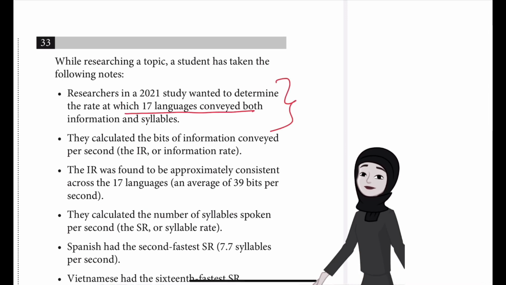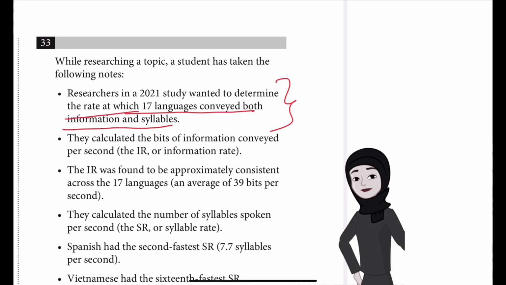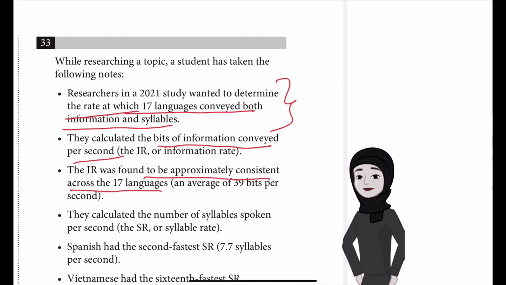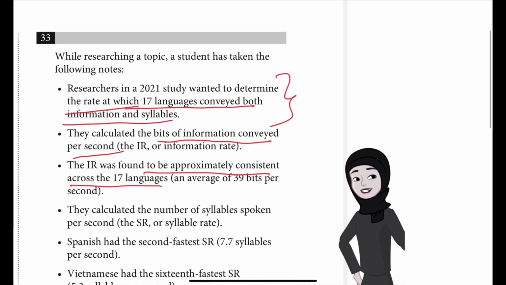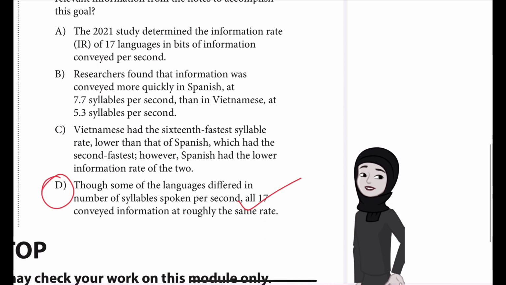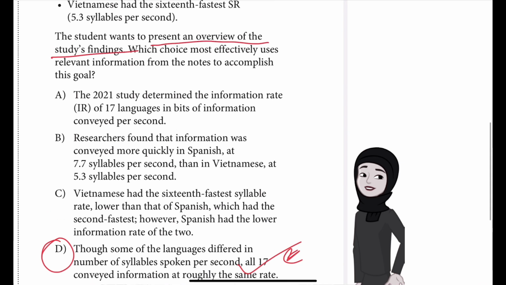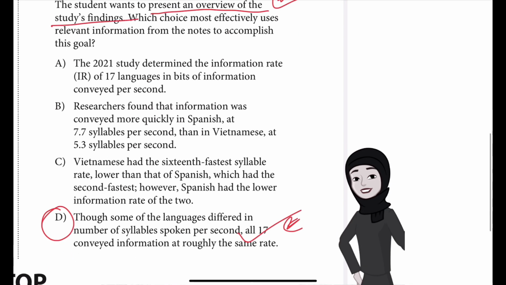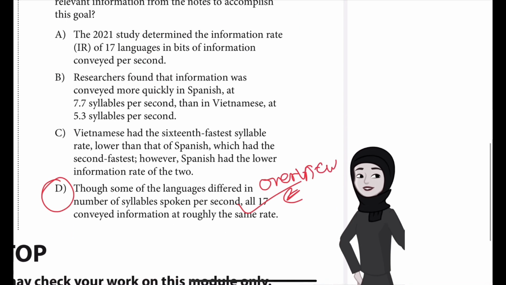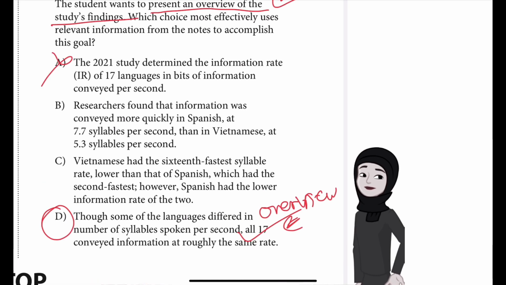Even though 17 languages were studied for both information and syllables, when they calculated the bits of information, it was found to be approximately consistent. So all the 17 languages had approximately the same IR, or information conveyed per second. That would be the best if we have to present an overview. This is the best, more like a summary.